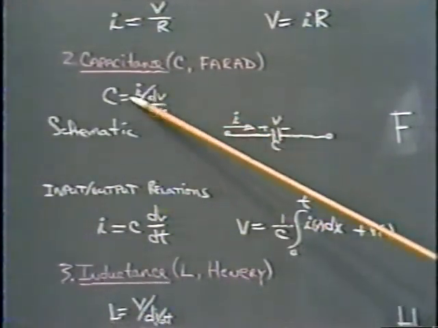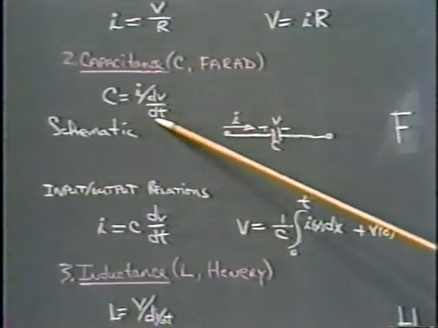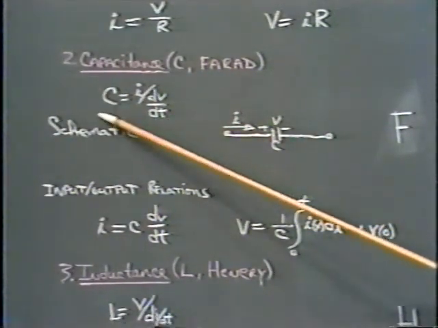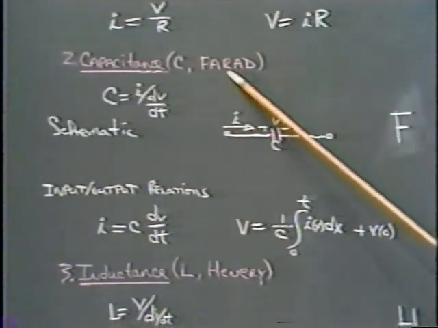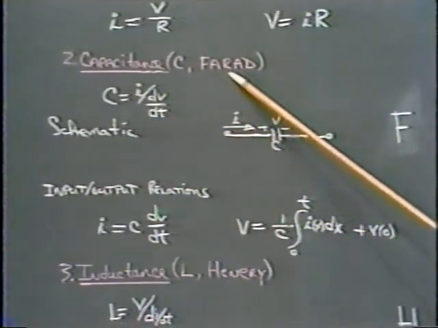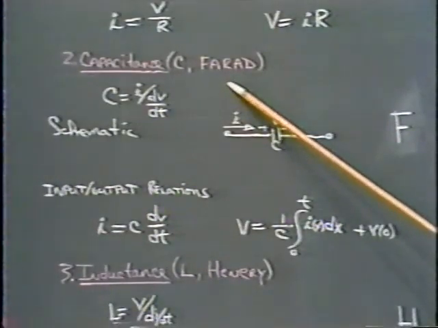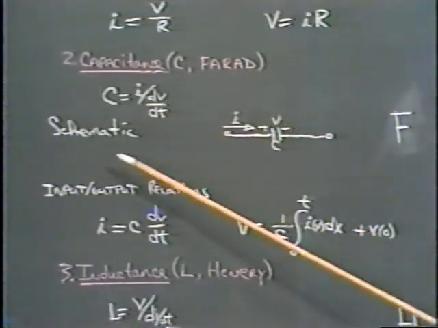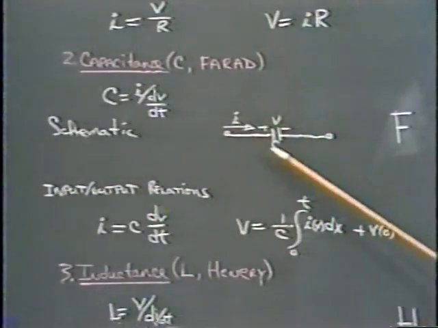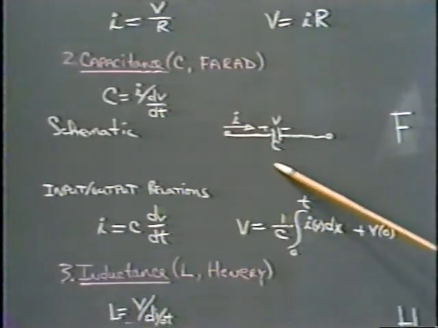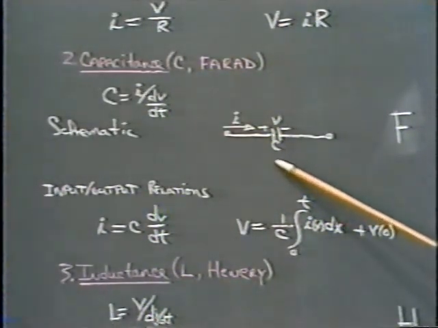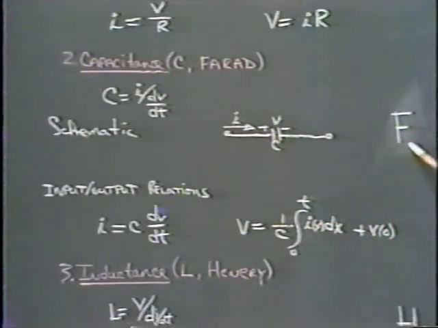We find that current divided by the time rate of change of voltage specifies the capacitance of the device. And capacitance will be measured in farads. Now, this time our circuit schematic looks like this, where we're using the symbol C to represent the capacitor. And the symbol for farads we're using is a large F.